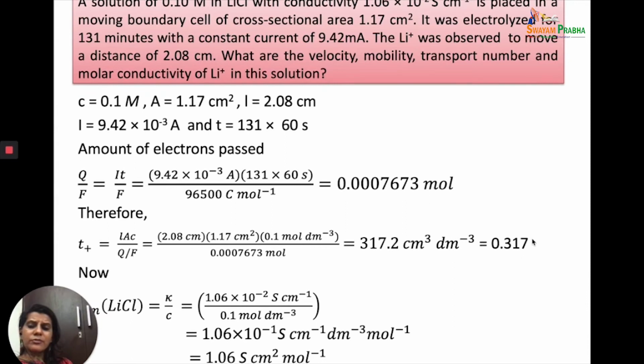Now that you've got the transport number, you now calculate the value of lambda m. Now lambda m is equal to kappa by C. So you do the conversion. You are given the value of kappa, you are given the value of C, and you will multiply it by 1000 and you will get the value of lambda m as 1.06 Siemens centimeter square mole inverse.